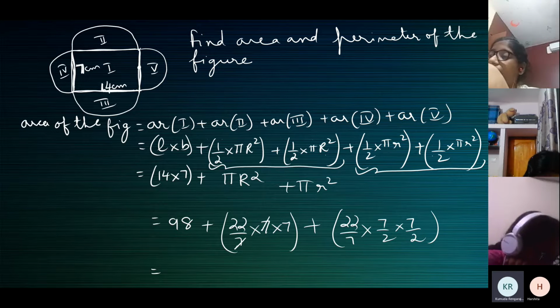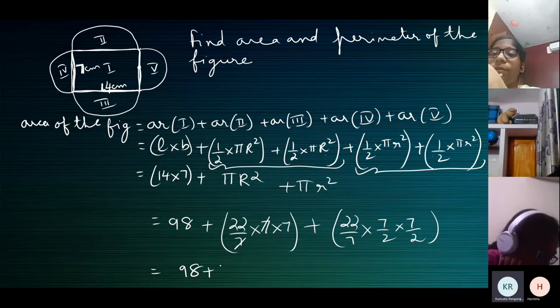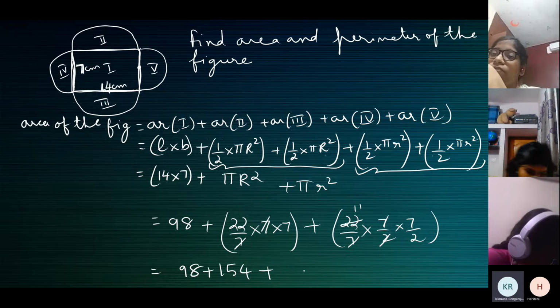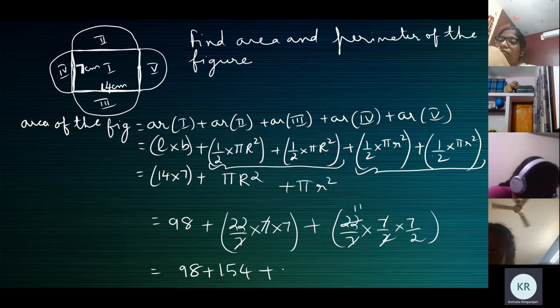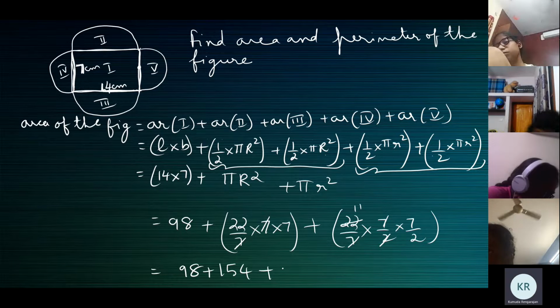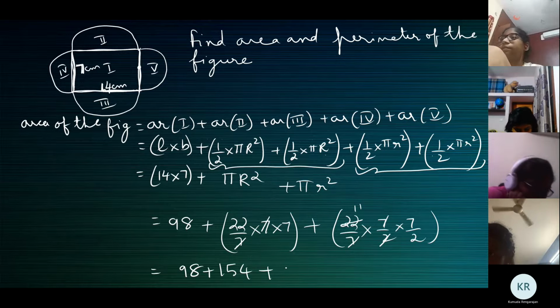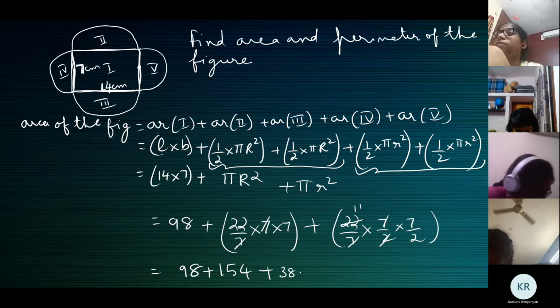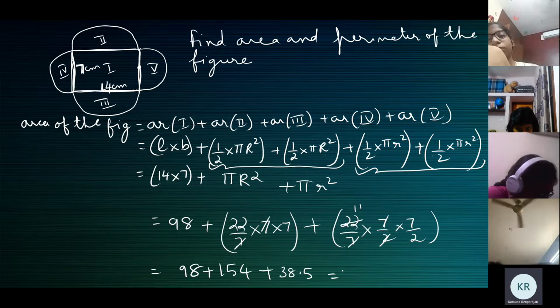So 7 and 7 cancel. So 98 plus 154. Yeah, 154, plus 7 cancels, and here it is 11 times 11 sevens are 77 by 2. What is 77 by 2? Now add and give the final answer.